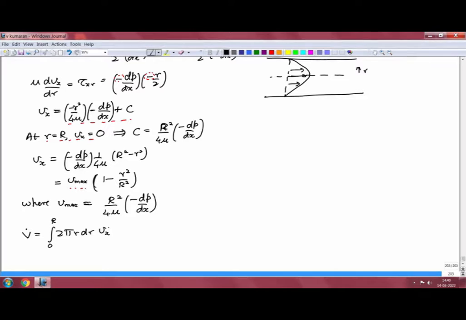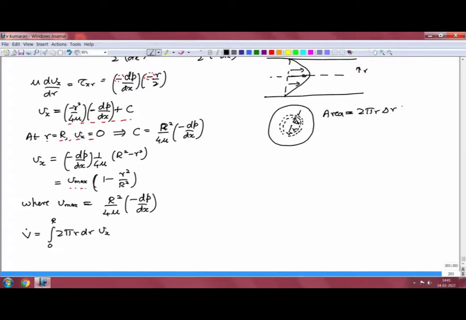So, if you look at the pipe cross section, if I take a differential cross sectional area of thickness delta r at a radius r from the axis, then the area is going to be equal to the perimeter 2 pi r into delta r.